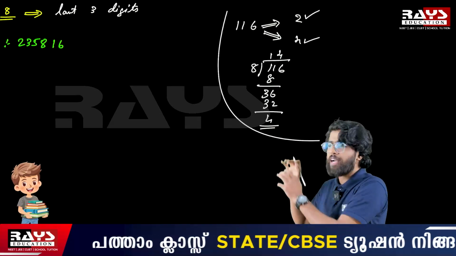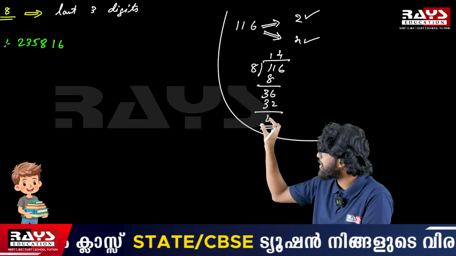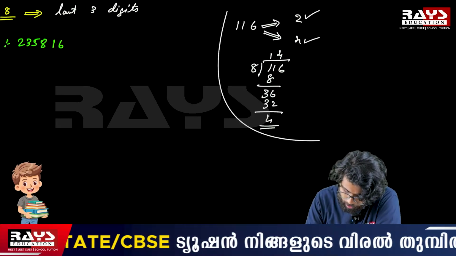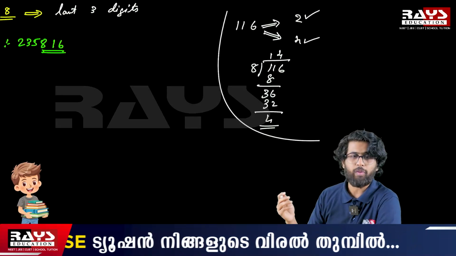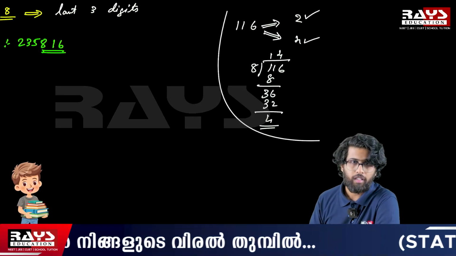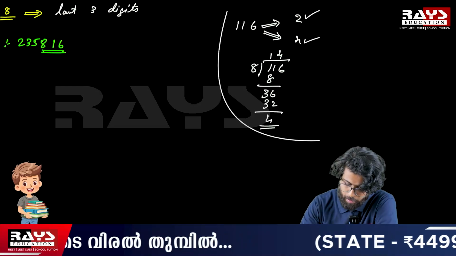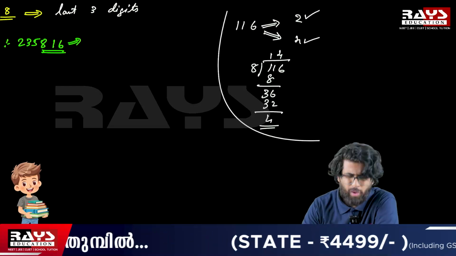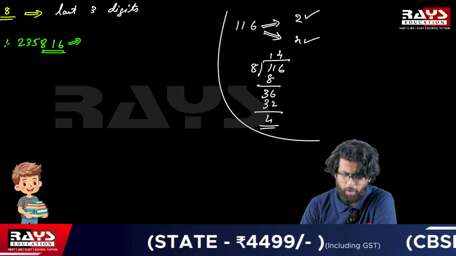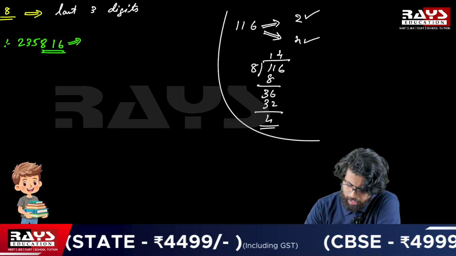If a number is given like this, you just have to take the last 3 numbers and check whether it is a multiple of 8. Here we already know 816 is a multiple of 8, so I'm not going to check that by dividing.